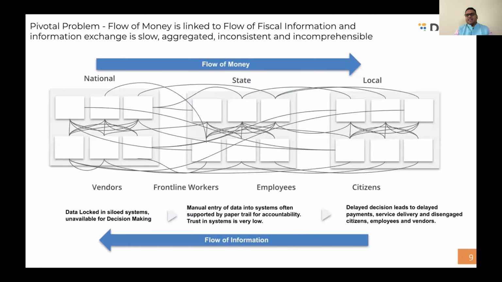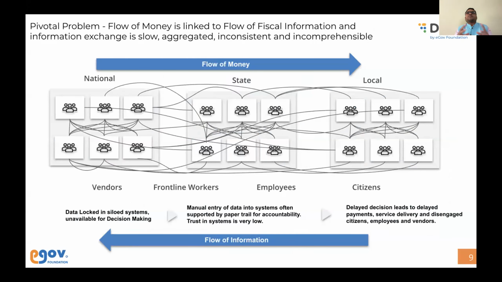So just abstracting it as a pivotal problem, what we found was that the flow of money is actually linked to the flow of information in the reverse direction. And information, as Lorena also mentioned, sometimes is sitting in siloed systems, hence it's not available for real decision making where the actors need it. Or sometimes there is data flow.